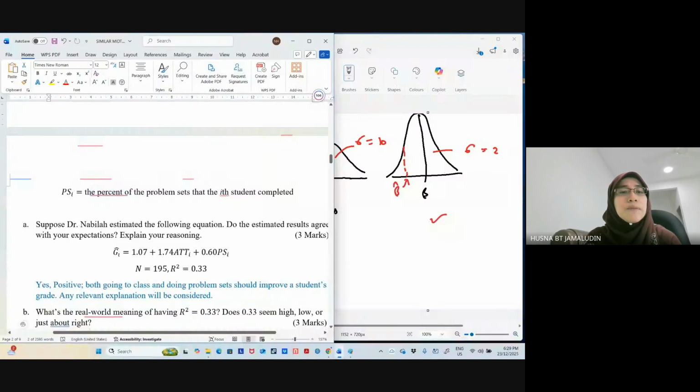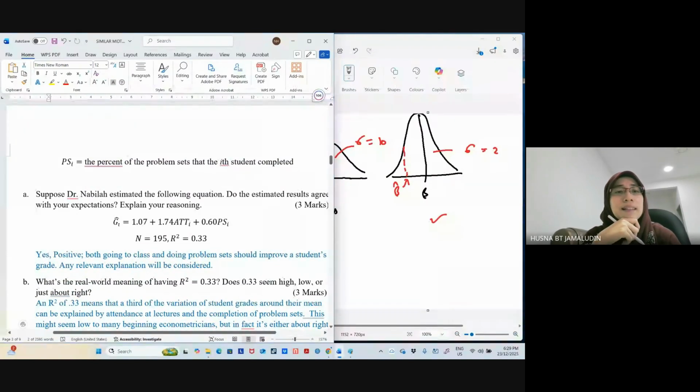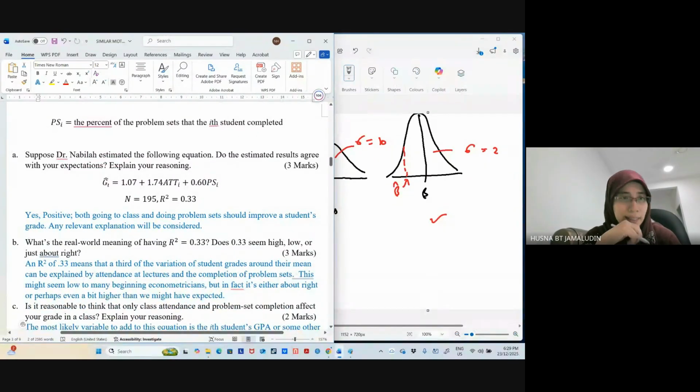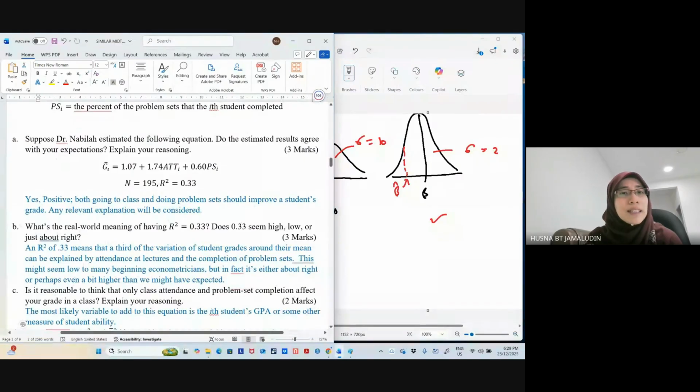Let's just continue. Suppose that Sakina estimated the following equation. Do the estimated result agree with your expectation? Means that your sign, does it follow your expected sign? And explain your reasoning. You see 3 marks. So you really have to explain because you have 2 independent variables. Okay. So basically, you will see the result. Both are positive.